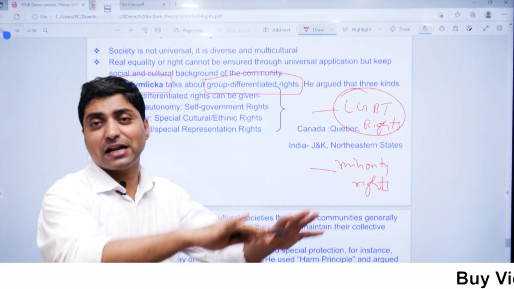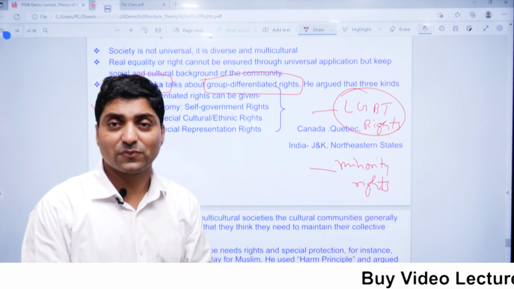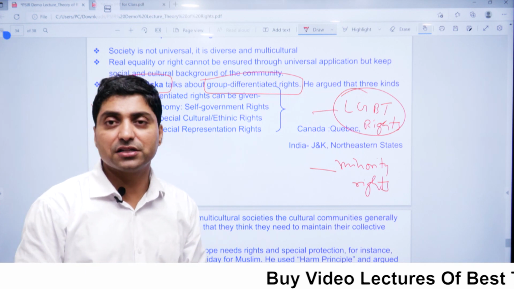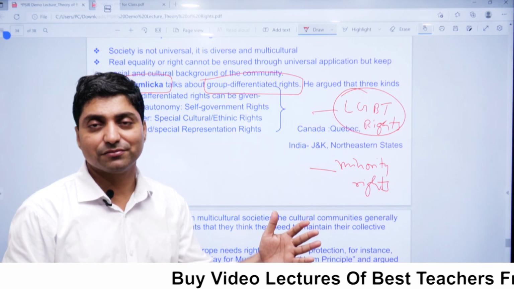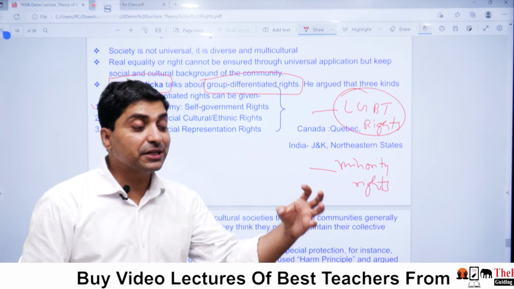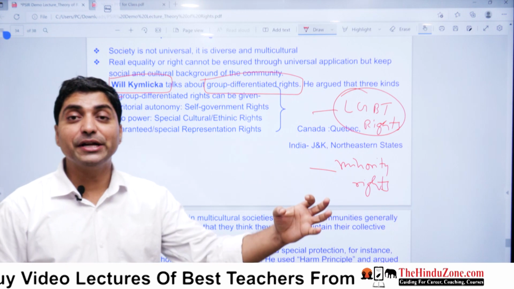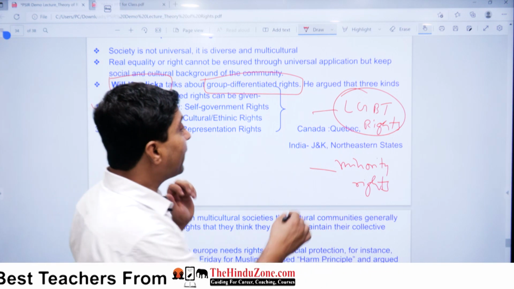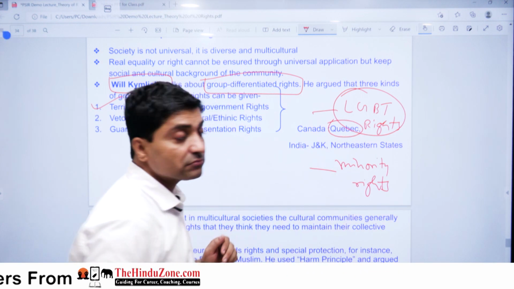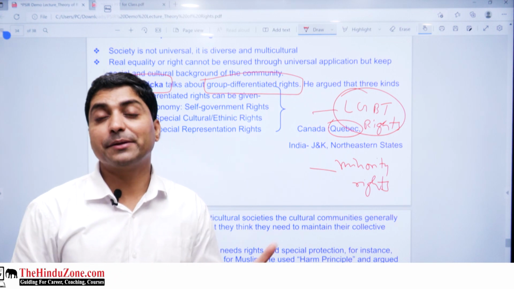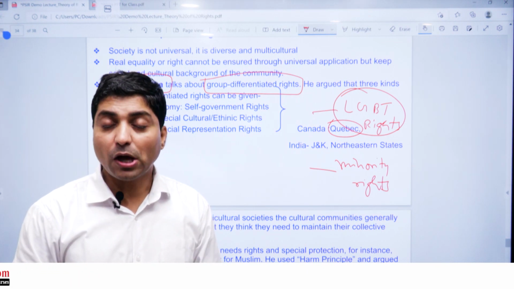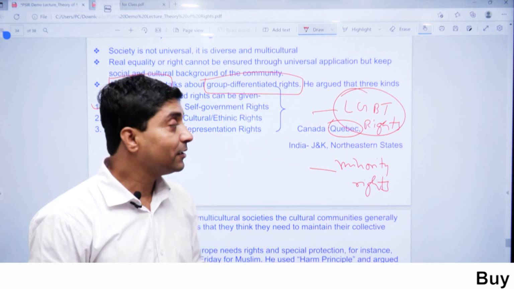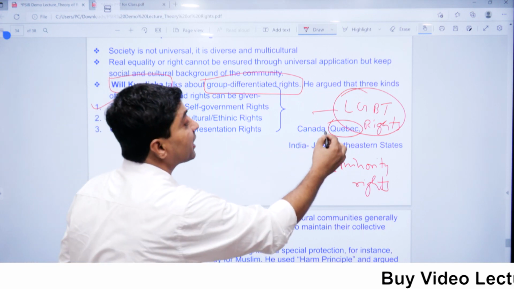If there is a certain territory, for example Canada has a large territory, but a certain territory is dominated by a certain community, for example Quebec in Canada, populated by French, then the state should give self-autonomy rights.